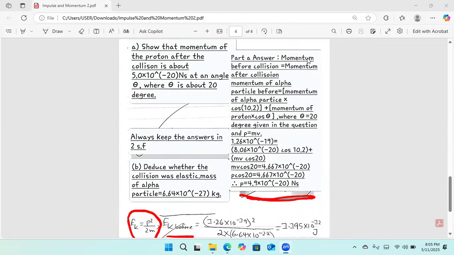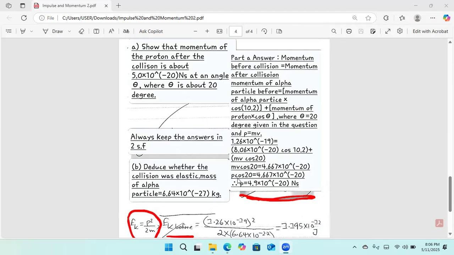Part A answer: momentum before collision equals momentum after collision. Momentum of the alpha particle before equals momentum of the alpha particle times cos 10.2 plus momentum of the proton times cos theta, where theta equals 20 degrees, given in the question, and P equals mv. 1.26 × 10^-19 equals 8.06 × 10^-20 cos 10.2 plus mv cos 20. mv cos 20 equals 4.667 × 10^-20.